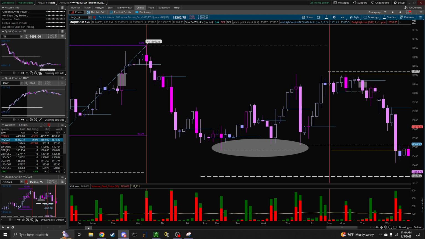which you can make a very, very large portion of the move if you just go for the inefficiency still. You don't always have to take out the low, and sometimes you won't take out the low. You might retrace 90% of the range, and that can still make you a lot of money. Like, you don't have to be right, quote unquote, with the market. You really don't. You can be wrong well over 50% of the time and still make money.